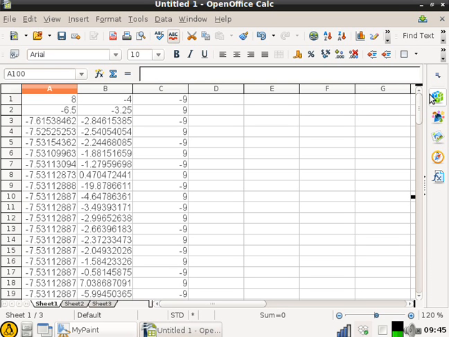Now, type in the formula, but type it as follows. Minus 5 minus 7 over Ans. So that's minus 5 minus 7 over, and then press the Ans button, the answer button on the calculator.